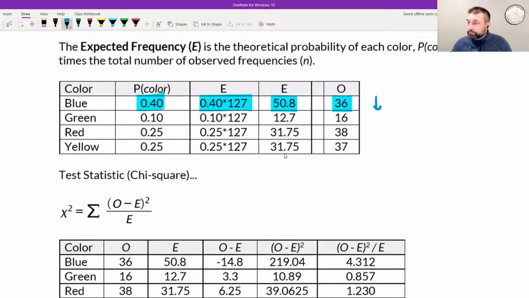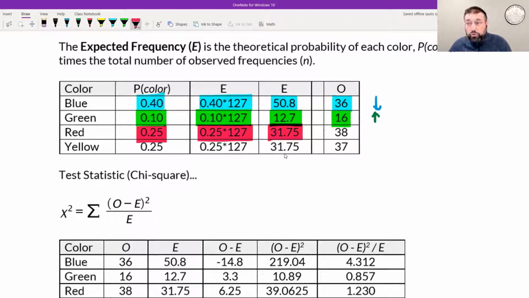That's the question. If you take a look at the greens, 10% of our fruit snacks should have been green. 10% of 127 is about 13. We would expect about 13 fruit snacks to be green. When we counted them, we had 16. So here we're a little bit above the expected. In theory, 25% of the 127 should be red.